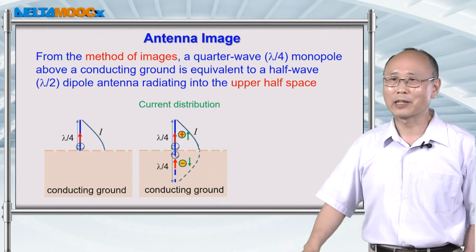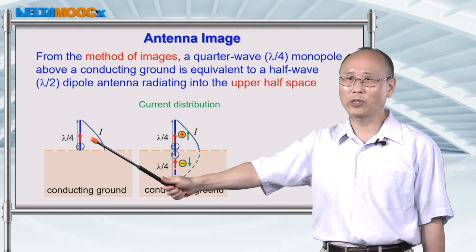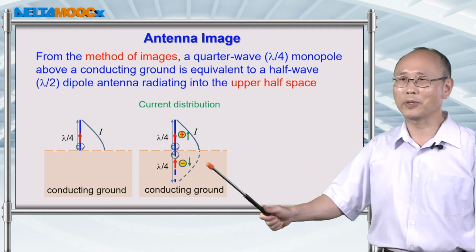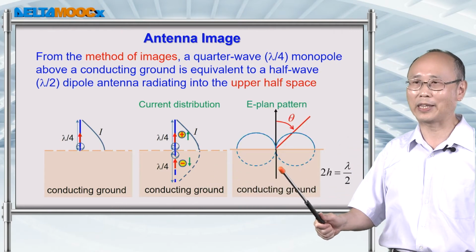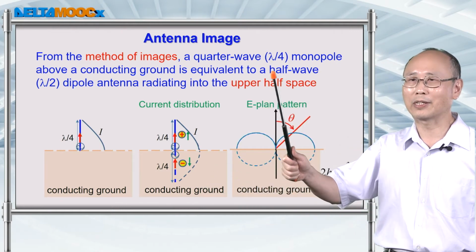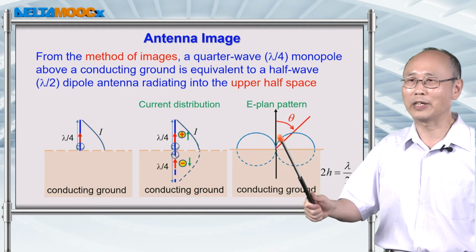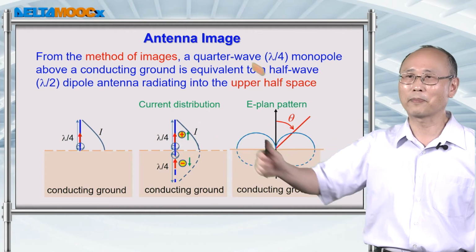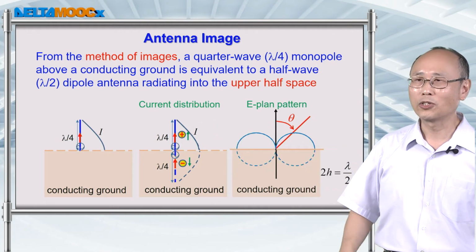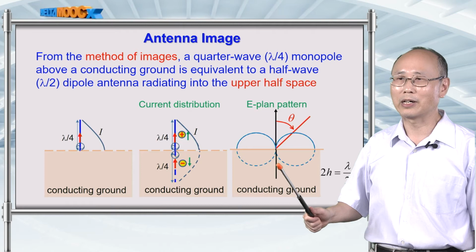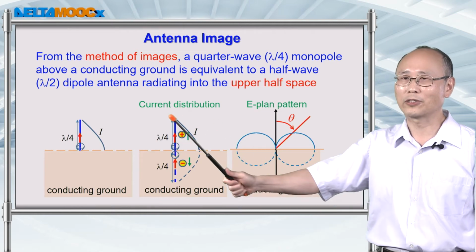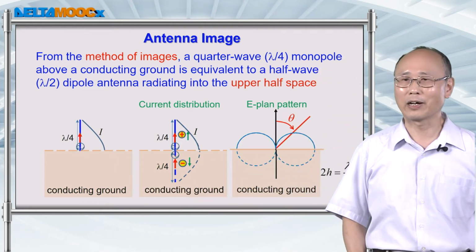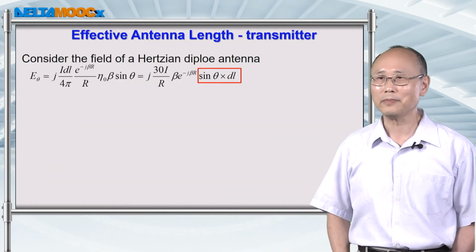So effectively, this quarter wavelength antenna on a conducting ground is going to be equivalent to a half wave antenna, but the radiation field is going to be only in the upper half of the space. And this is the concept of antenna image. So you can use the solution from a half wave antenna to construct the solution for this quarter wave antenna on a piece of conducting material.